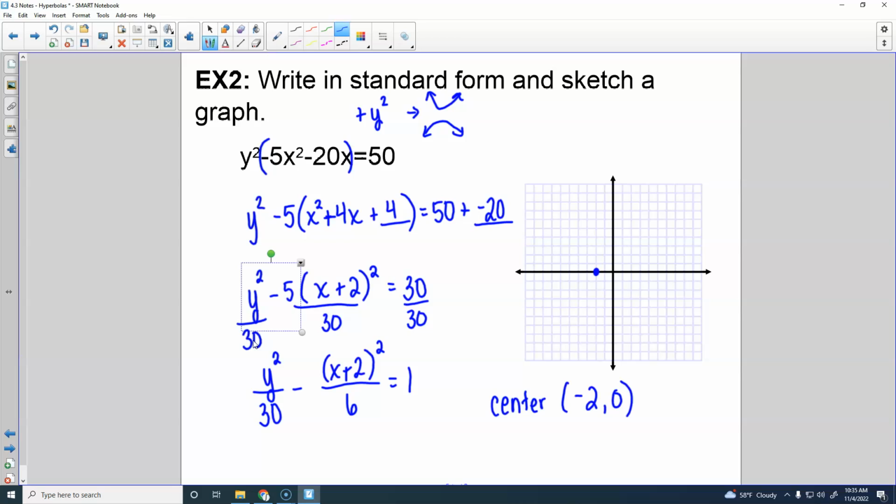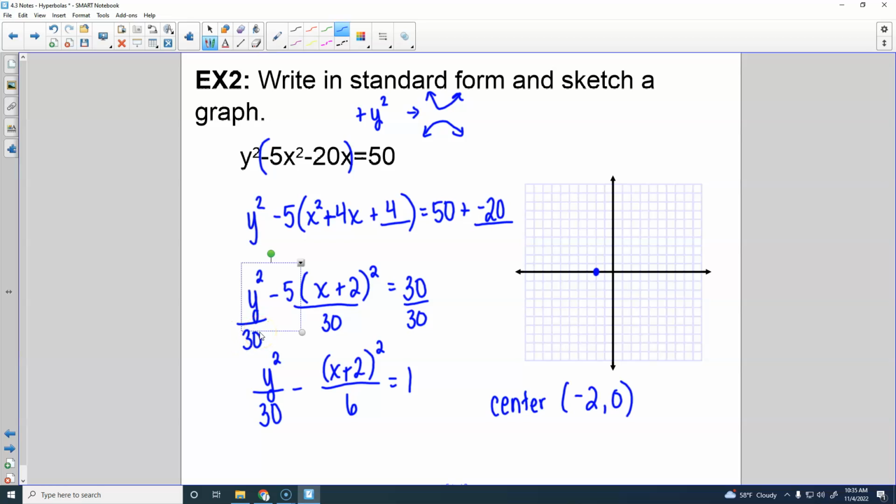Now, I will not give you this problem on a quiz or test where I'm asking you to graph it specifically, because you're going to have to do a little estimating here. But you're probably going to see it happen on your homework a little bit. So, square root of 30.